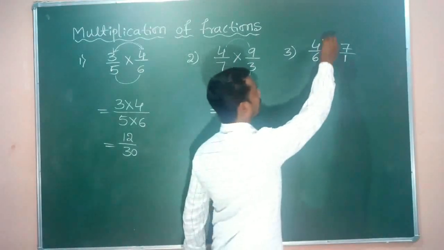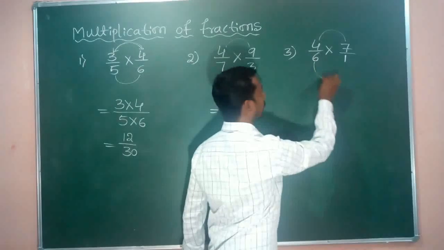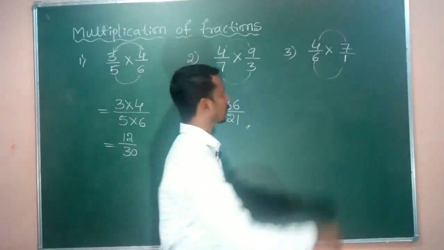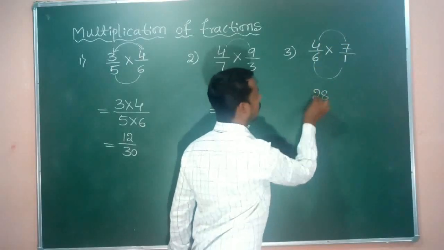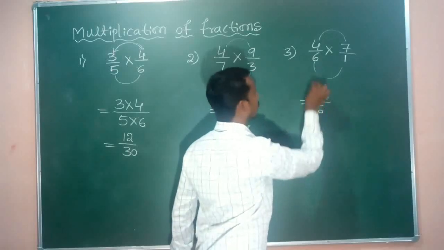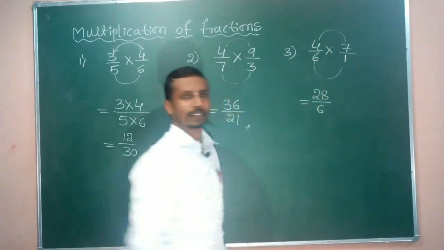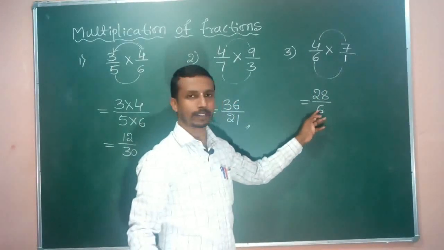Then we multiply numerator into numerator and denominator into denominator. 4 sevens are 28, divided by 6 ones are 6. Then the multiplication of 4 by 6 into 7 is 28 by 6.